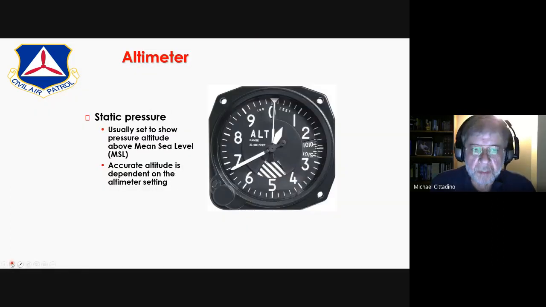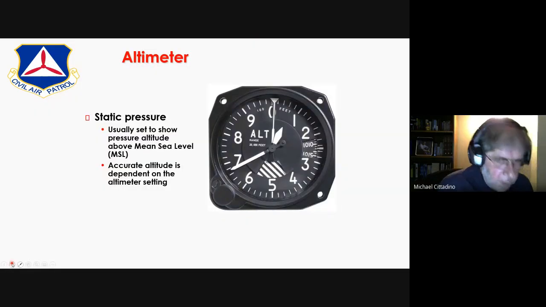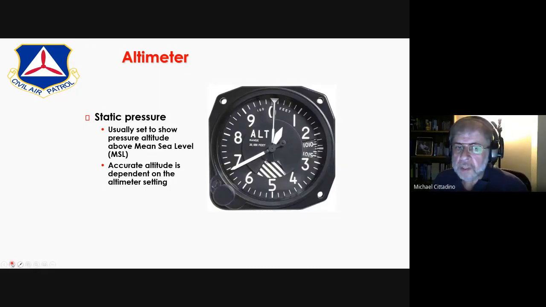Next, we have the altimeter. The altimeter is an instrument that uses static pressure. It's one of the instruments that uses static pressure in the aircraft, and it allows the pilot to know what the altitude of the aircraft is above mean sea level. It's basically measuring the pressure of the outside air against an internal diaphragm.